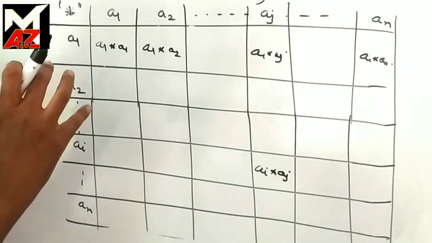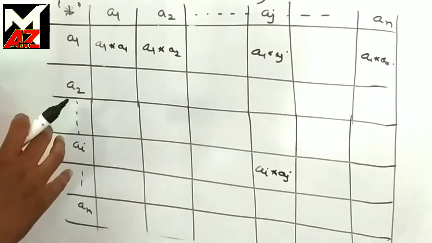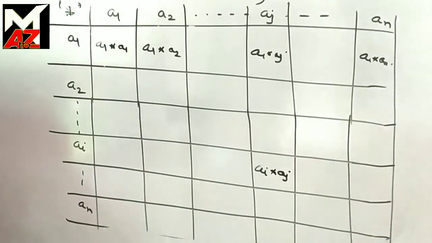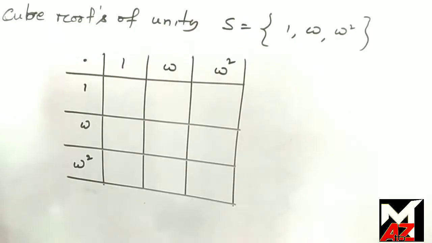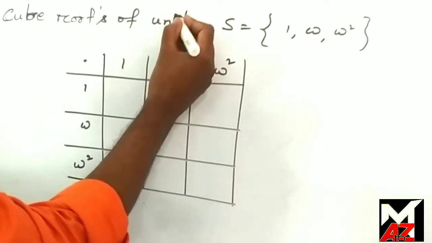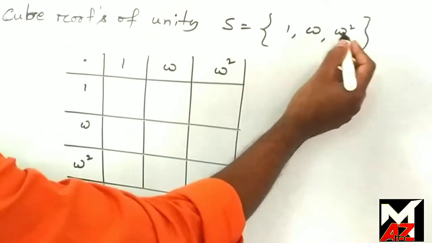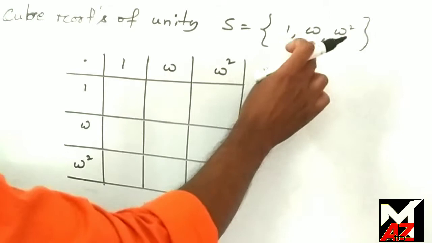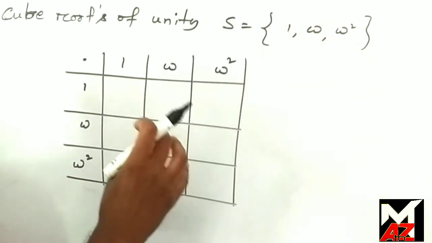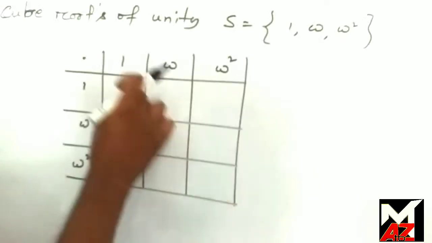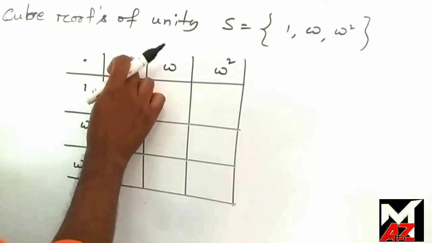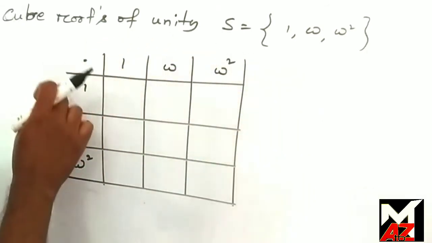Now we consider a particular example for better understanding of the composition table. We consider the set of cube roots of unity, that is 1, omega, omega square, and since this set contains only 3 elements, the composition table contains 3 rows and 3 columns. We write the elements 1, omega, omega square in the row and also in the column.